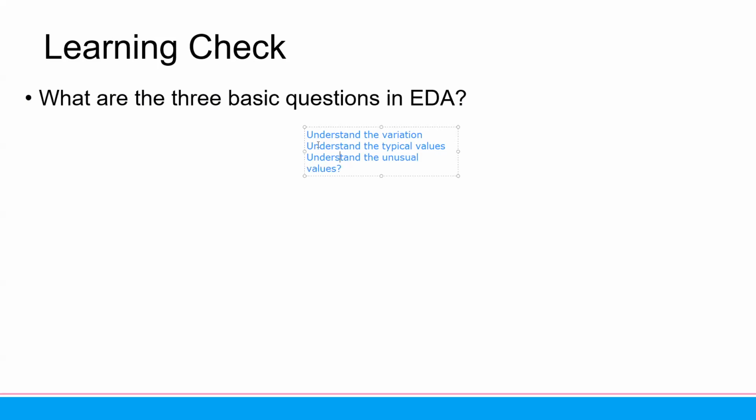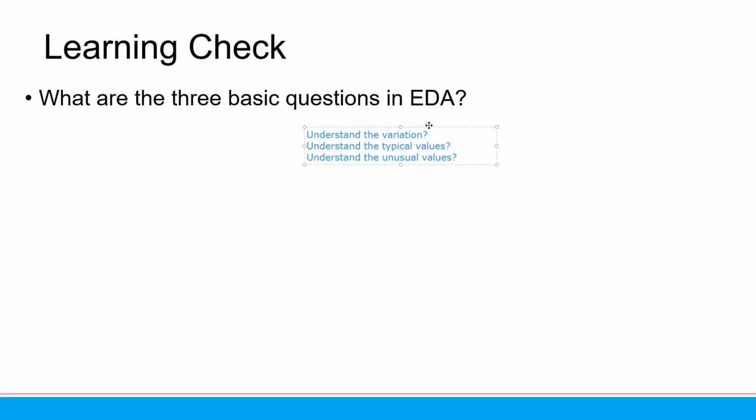So we can just say: how can we understand the variation, how can we understand the typical values, and how can we understand the unusual values or unusual patterns. Okay, so based on this one, you can do more with the EDA.